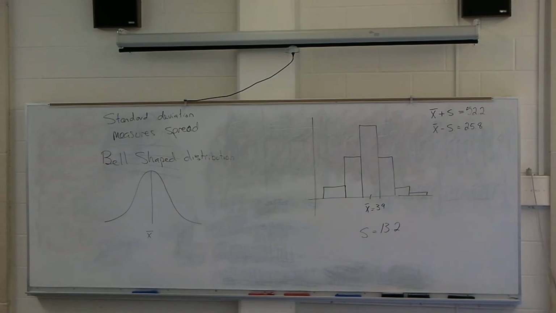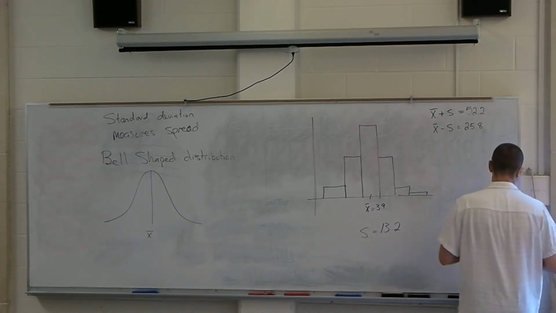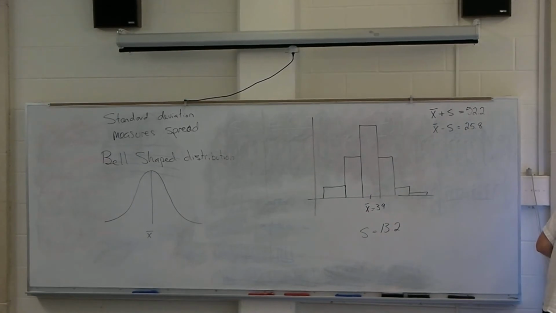okay. Now, if we look at the data, if we go back to that raw data that we had, that big list of numbers, what you would find, and I'll do this so that you don't have to. Remember, there were 119 football teams.